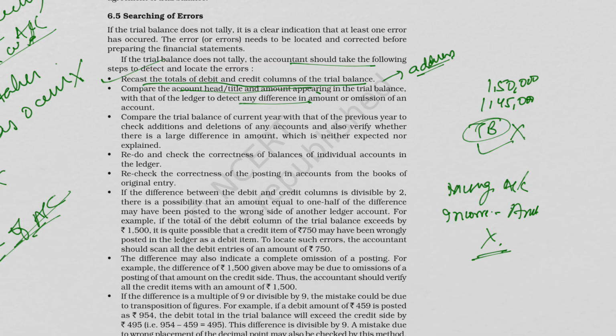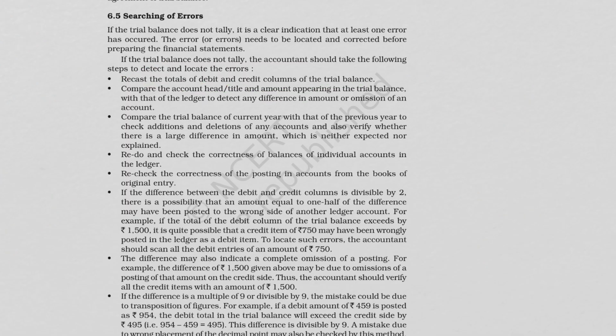For example, we have machinery account balance rupees 30,000. It exists in the ledger, but it was not included in the trial balance. So then the trial balance will not agree. Therefore, comparing with ledger accounts helps in detecting omissions.